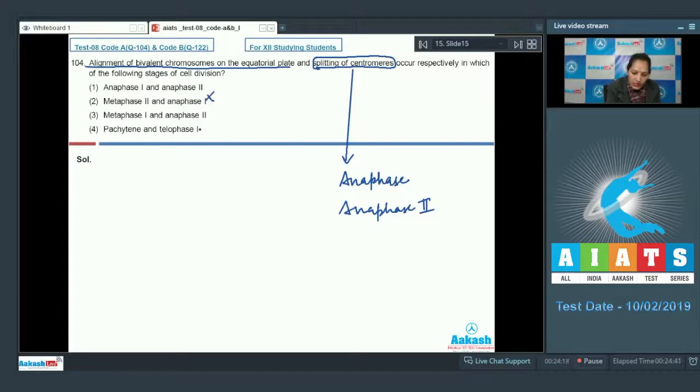So these two options are ruled out. Now the remaining options are the first option and the third one. Now, the alignment of bivalent chromosomes on the equatorial plate. Alignment of chromosomes on the equatorial plate takes place in the metaphase stage. So the correct option for the given question is option number 3. Let's move to the next question.